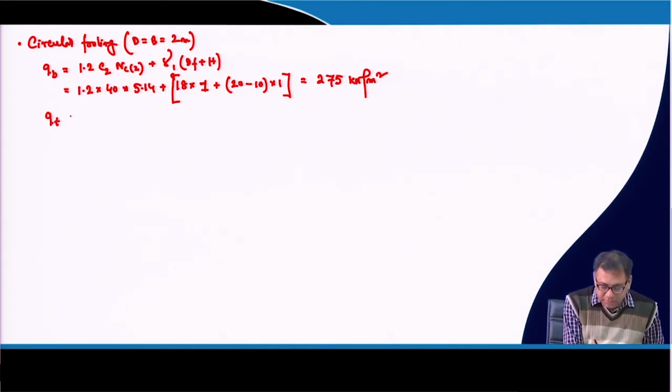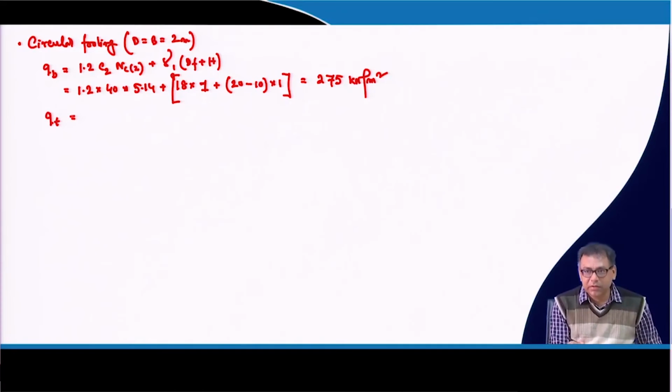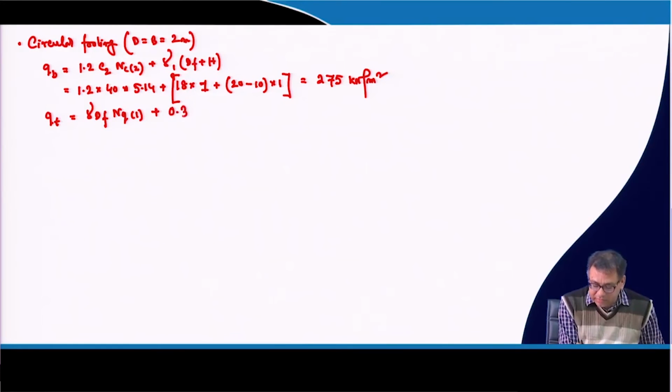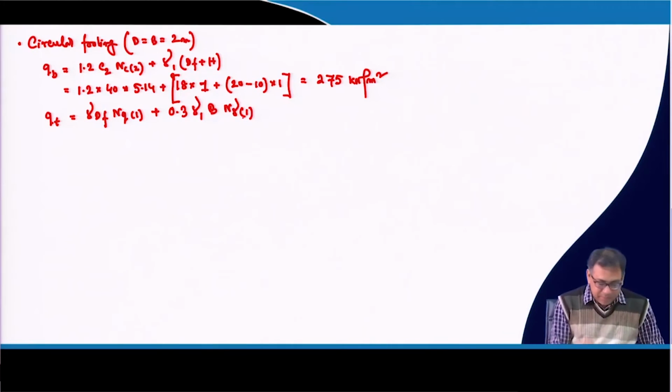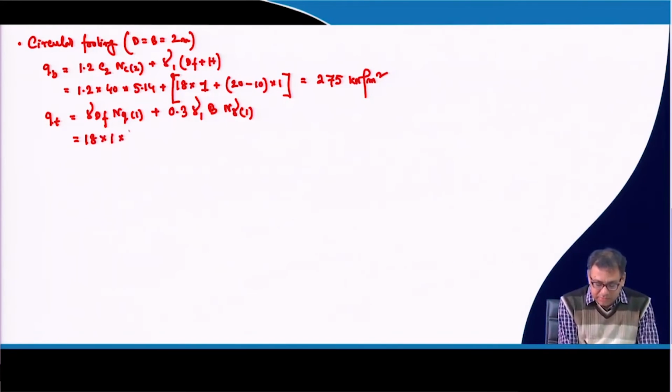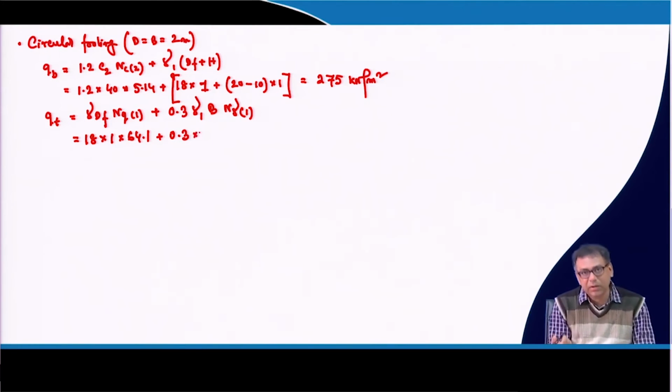Now, QT value also I have given the equation for the circular footing. So, QT value, that equation is gamma dF into NQ1 plus, now the change is 0.3, for strip footing it is 0.5. So, it is 0.3 gamma 1 B in gamma 1. Okay, so, now I can write gamma bulk, because it will be within the depth of the foundation, dF is 1, NQ1 is 64.1 plus 0.3, then this value is below the base of the foundation.